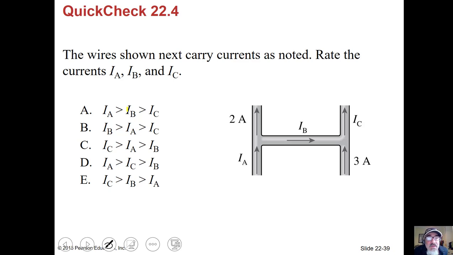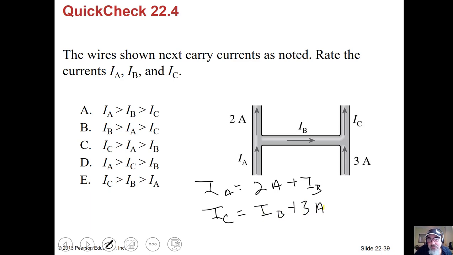The wires shown next carry currents as noted. Rate the currents IA, IB, and IC. Okay, well, let's see what we can do with this. So it looks like IA has to be equal to 2 amps plus IB, and then we know IC has to be equal to IB plus 3 amps.